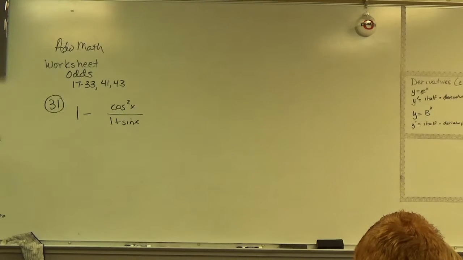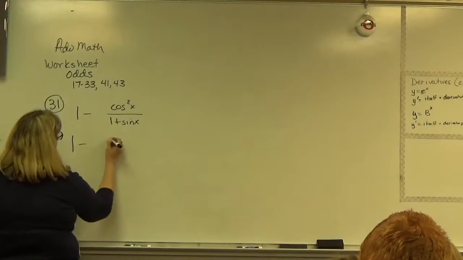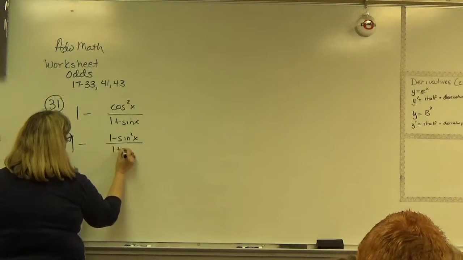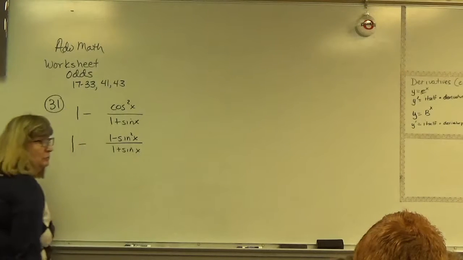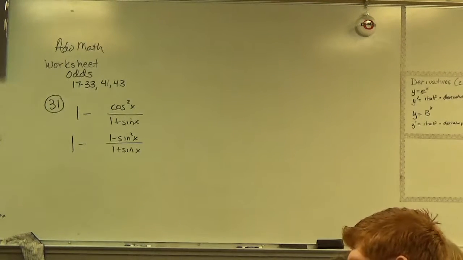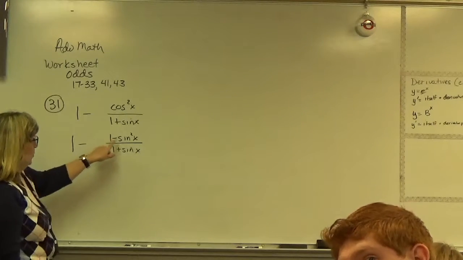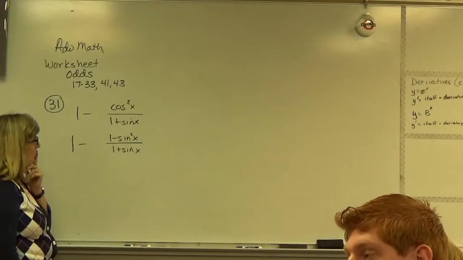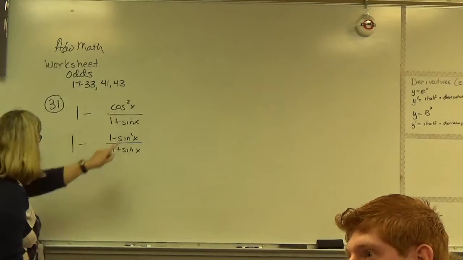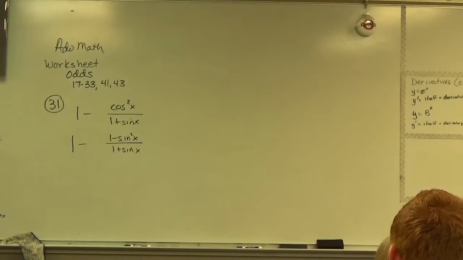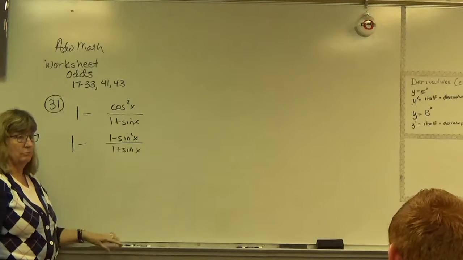Remember I said these can be rewritten different ways? 1 minus sine squared? You guys agree that that's true? Yeah. I'm just doing it the fastest way. You could also do it by the butterfly method and it works too. Cosine squared can become 1 minus sine squared? Okay.